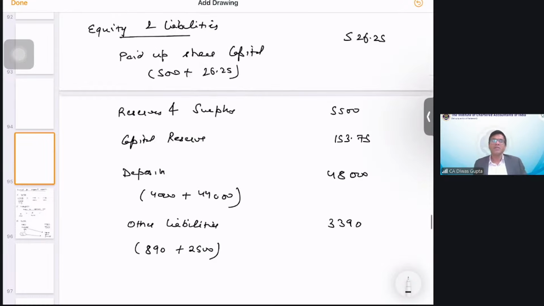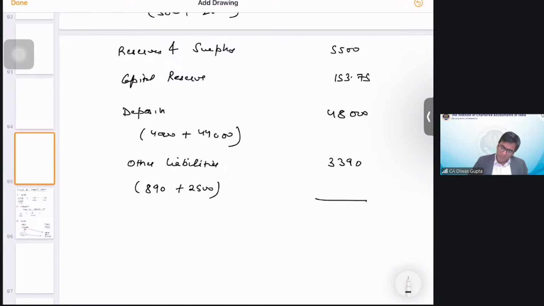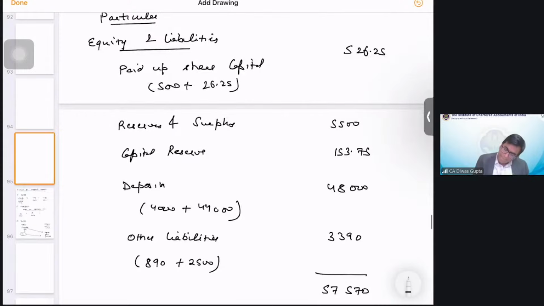So this becomes the equities and liabilities part. If we total it out, it becomes 57,570.